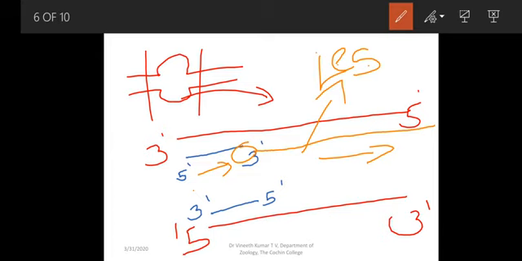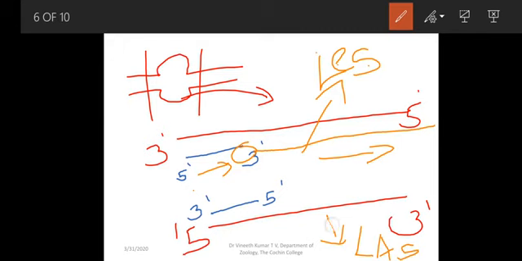Now coming to the second strand, where also we saw a primer is being added. This particular strand cannot synthesize the DNA as our leading strand does, and hence it is called a lagging strand, and I mark it as LAS.